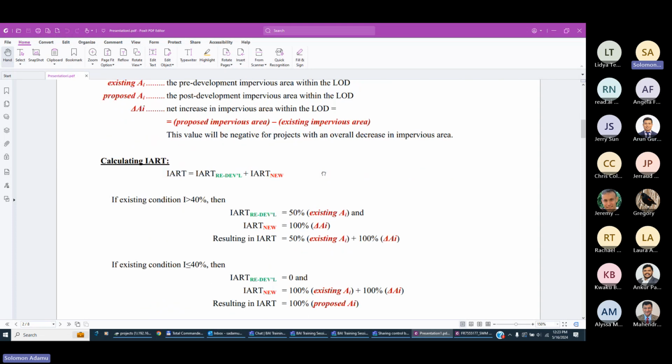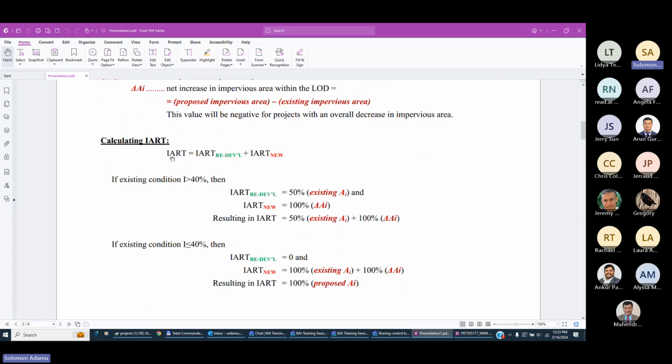To calculate the IART, the so-called impervious area requiring treatment, that's going to be IART from redevelopment plus IART from new development.